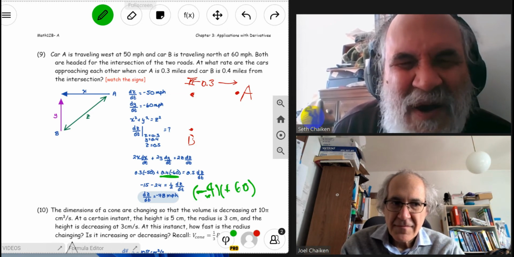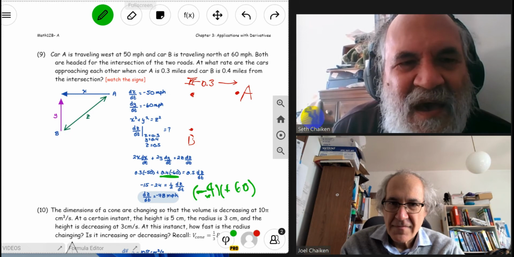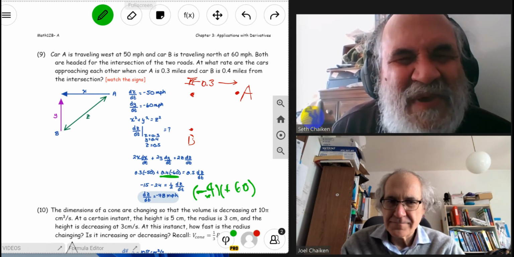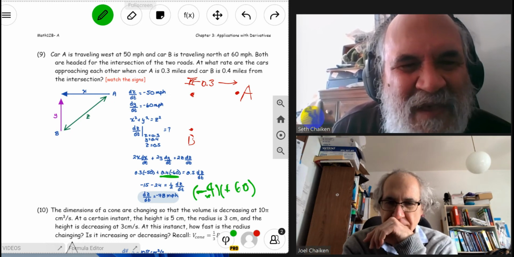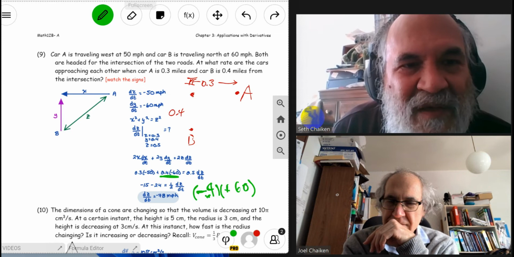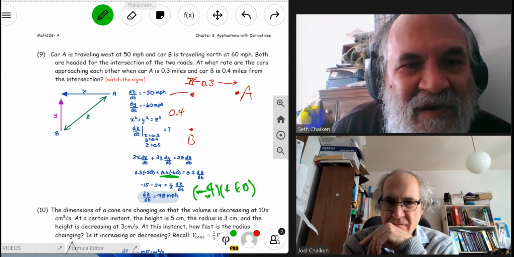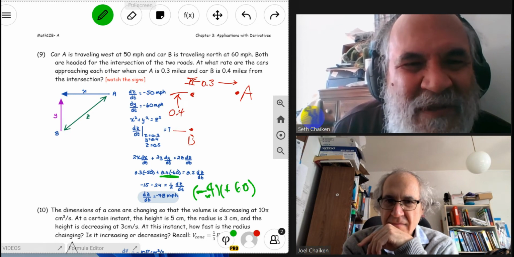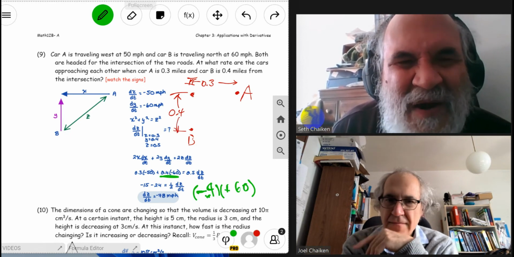It's 0.3 of a mile. Similarly, the distance of car B to the intersection, part of the data of the problem, which is measured north-south, is 0.4 of a mile.